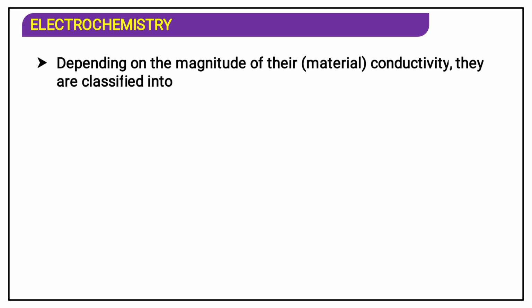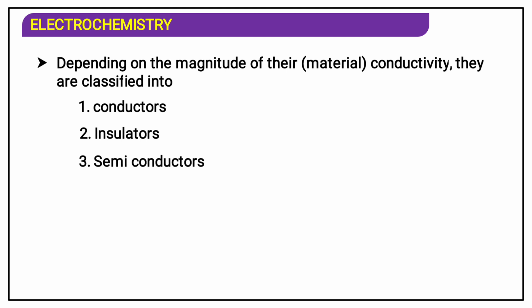We have so many chemical substances around us, so based on that chemical material, we divide conductivity into the following types. First, conductors. Second, insulators. Third, semiconductors. Fourth, superconductors. These are the four types of conductivity, and we are going to study these four types.